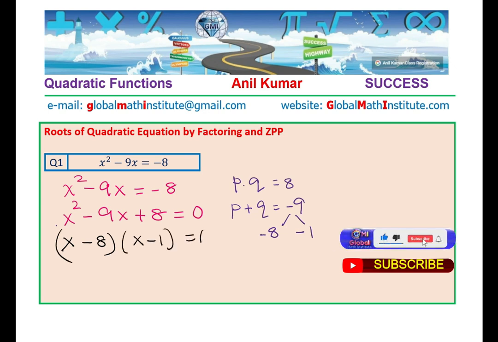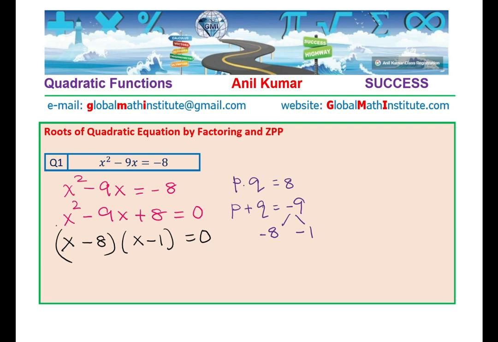So we have done the factoring. Those of you who are just beginning to learn factoring may split 9x into two terms, 8 and 1, both negative, and then factor it. You can also watch my playlist with more examples. I'll provide a link to master factoring techniques. So we have now done the first part of solving the quadratic equation, factoring it.